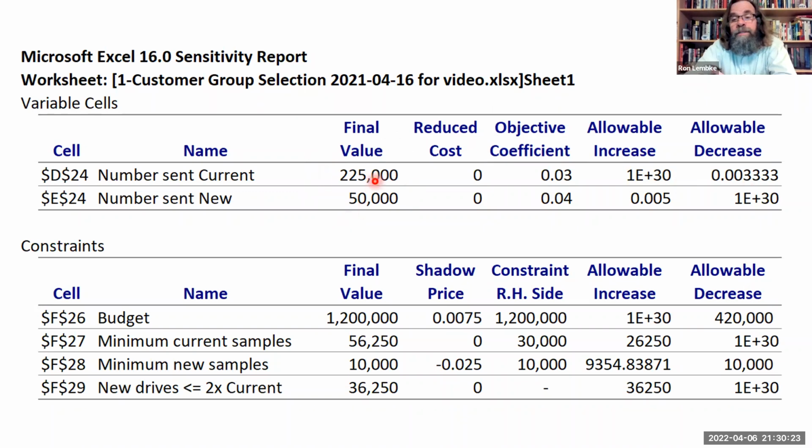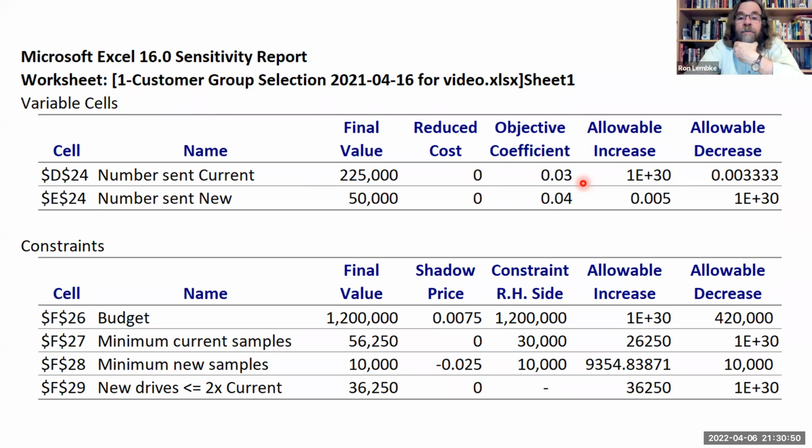I know it's always confusing sometimes when we're dealing with decimal places, but this is 0.03, this is 0.003. So it's around a 10% decrease. So if that objective coefficient, instead of being 0.03, was just a little bit less, the optimal decision of what to do would change. So we're going to explore that a little bit more in the next slide.